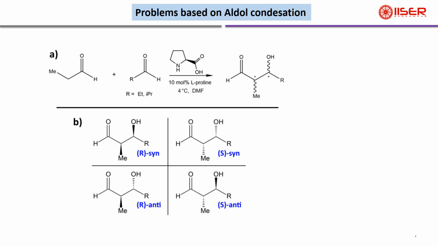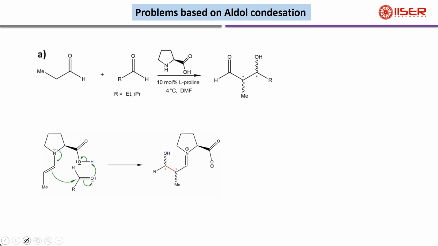So scientists came up with this: if you want to prepare a chiral compound, that is an enantioselective compound, instead of simple HCl or benzoic acid, if we add a chiral acid, this is a pyrrole based, proline based acid. If we add this type of proline based acid, what will happen? So in that case, in the first step, what will happen?